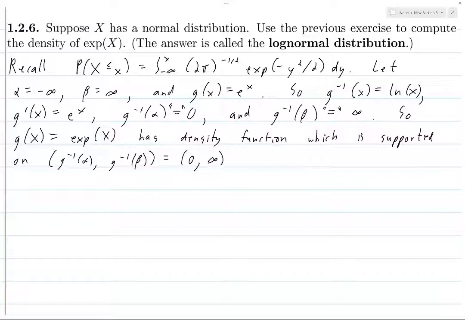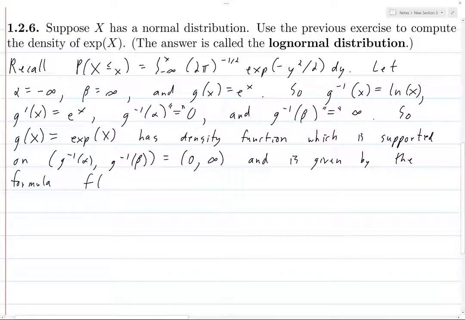Maybe there are some things you have to worry about, but I don't think so. Okay, so we have this. It's supported here and is given by the formula.